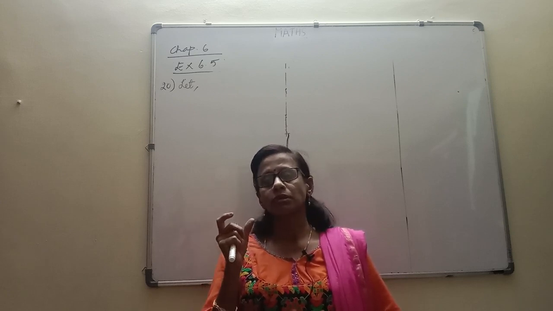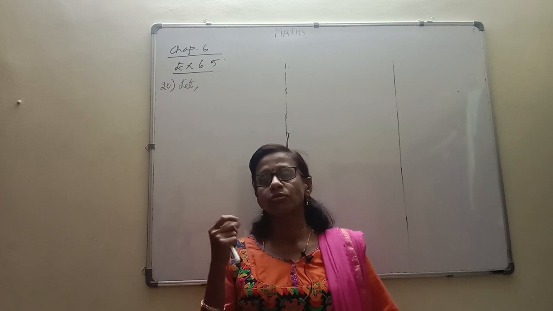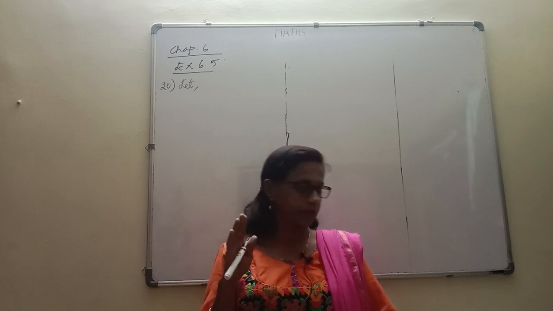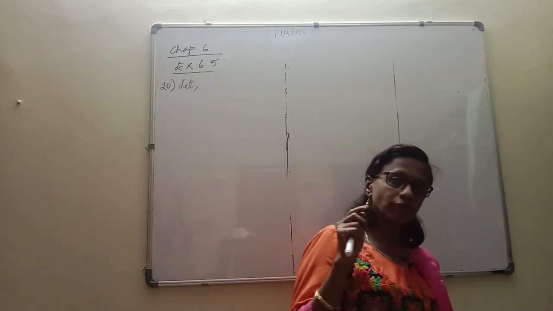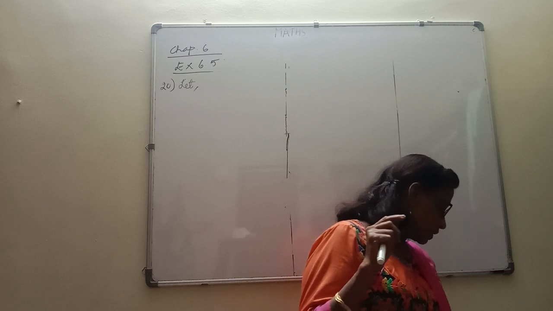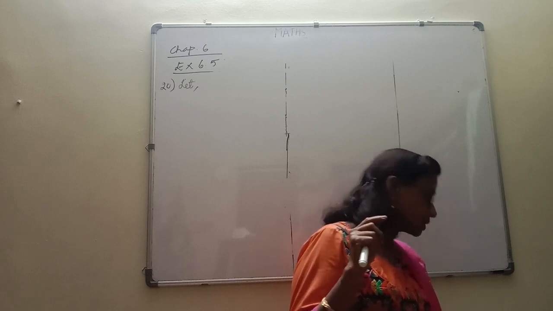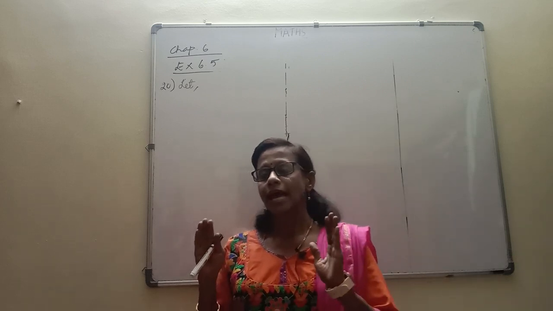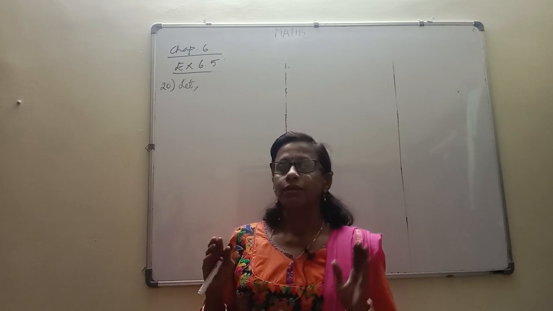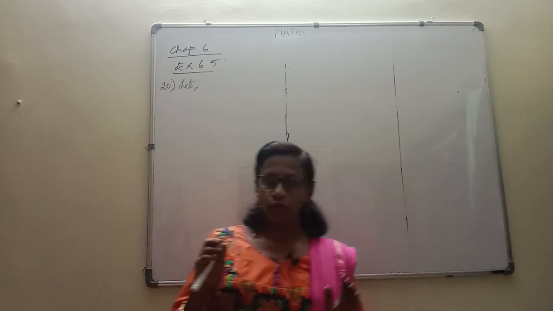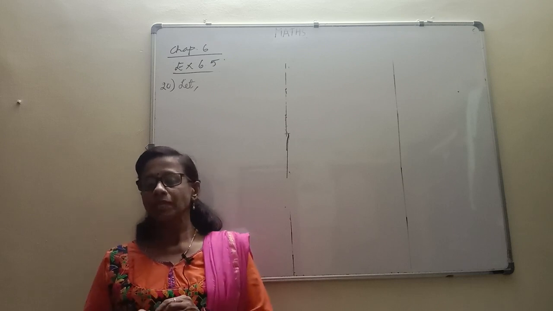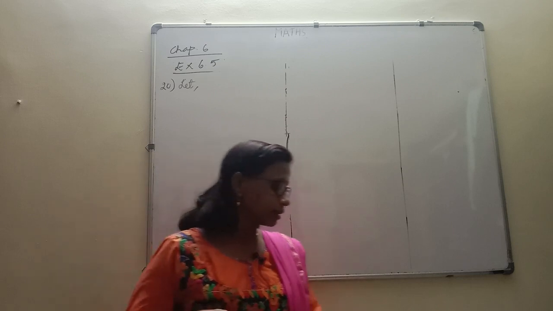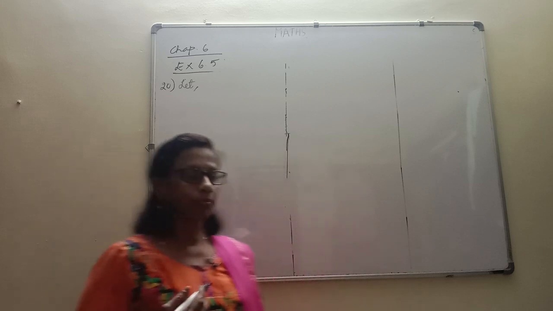You have to use that to replace the variables, making two variables into one. The right circular cylinder of a given surface and maximum volume has to be shown to be such that the height is equal to the diameter. That is the proof asked for, that whenever you get a maximum volume, the height will become equal to the diameter. But that is secondary; we will get it later as we solve the problem.